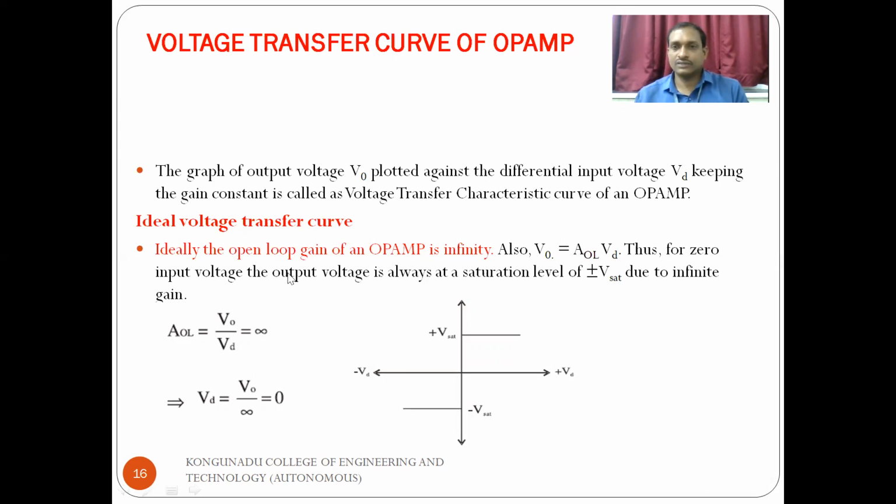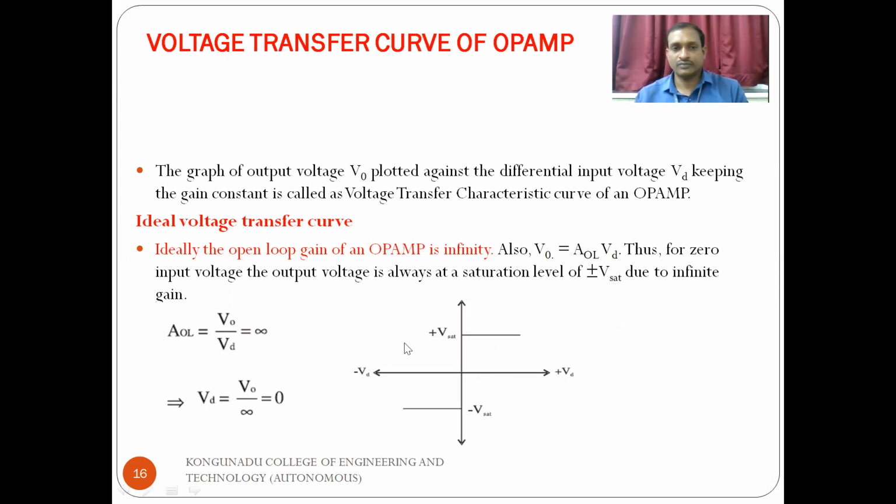Here we are going to discuss the ideal voltage transfer curve. Ideally, the open loop gain of the op-amp is infinity. So A_OL is equal to V0 by VD, which is infinity. From this equation, VD is equal to V0 by infinity, which is equal to 0. That is, the differential input is 0.